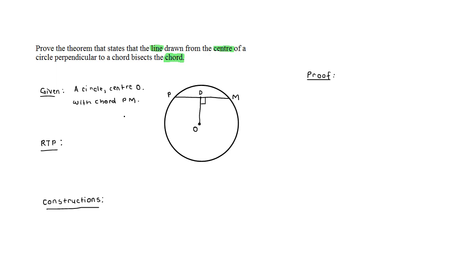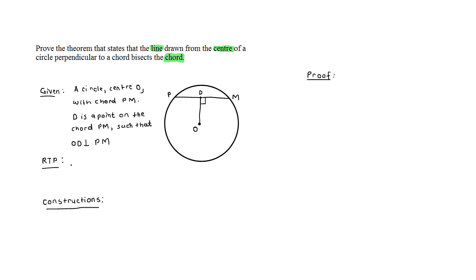We're given a circle center O with chord PM, and D is a point on the chord PM, such that OD is perpendicular to our given chord PM.